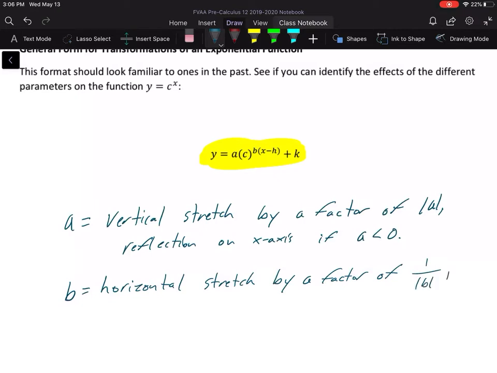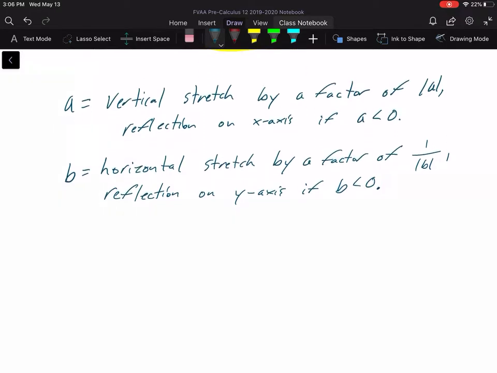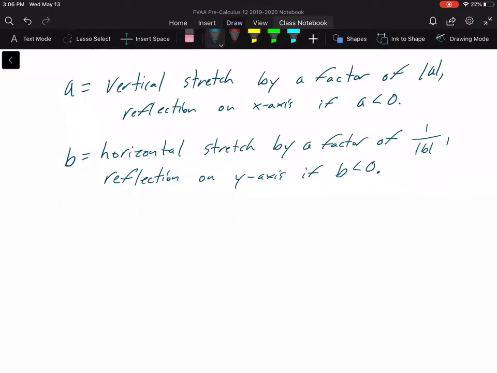Okay, and then here we also have a reflection on the y-axis if b is less than 0. Okay, so if it's positive or negative, that does make a difference in terms of reflections.